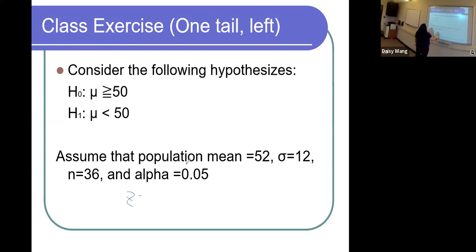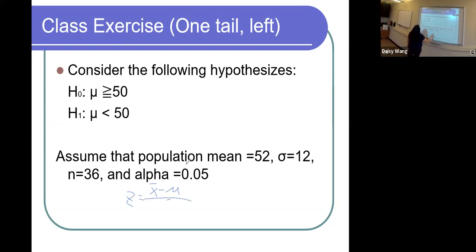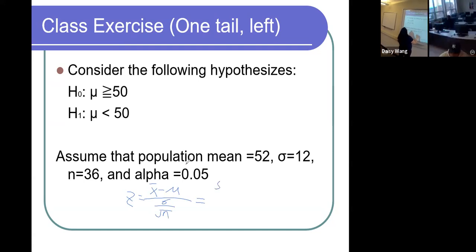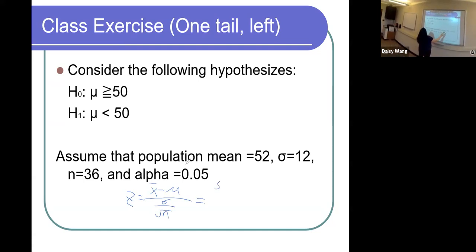The Z value will be X bar minus mu divided by sigma divided by root n. So this is the sample population, and this is the sample mean.